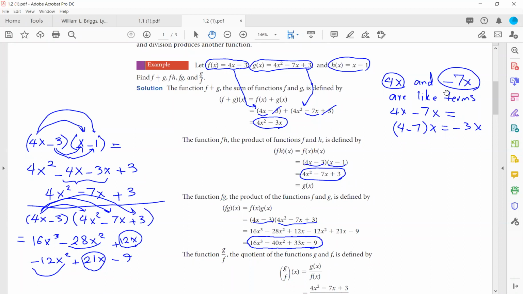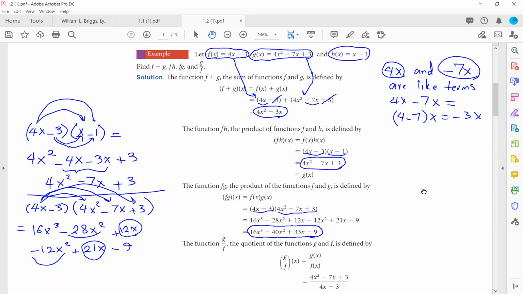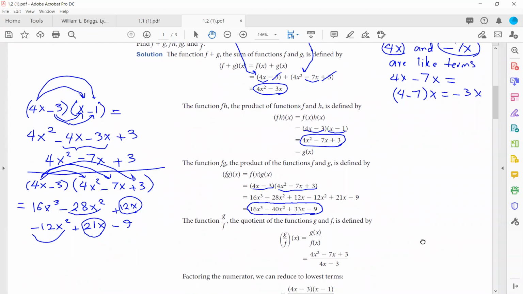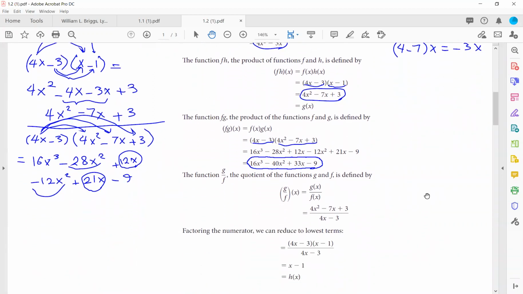Finally, finding the quotient between g and f. g over f, you take the definition of g, you take the definition of f, you write g on the numerator, you write f on the denominator. Since you can factor the numerator, 4x squared minus 7x plus 3, try to factor it.